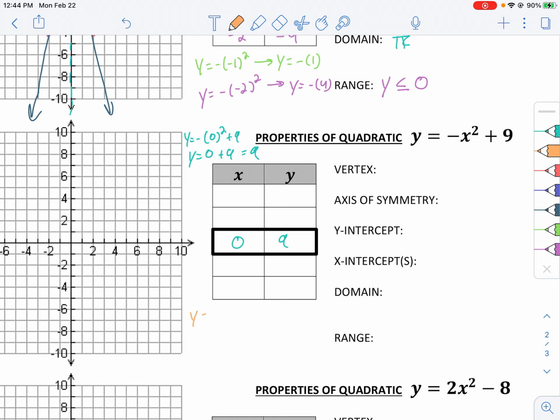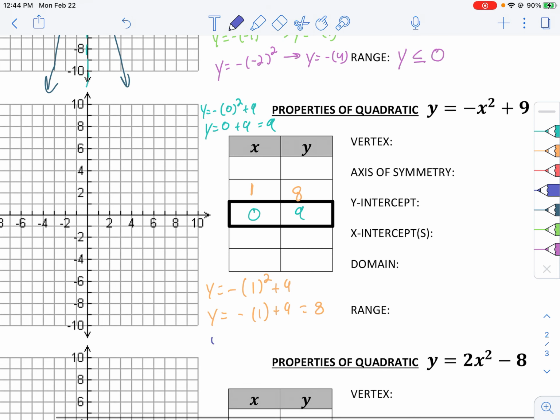Okay, let's plug in 1, so y equals negative 1 squared plus 9, so that's y equals negative 1 plus 9, which gives us positive 8. Well, if you plug in negative 1, what do you think you're going to get? Negative 1 squared plus 9. So that's y equals negative 1 plus 9. Hopefully you said positive 8.